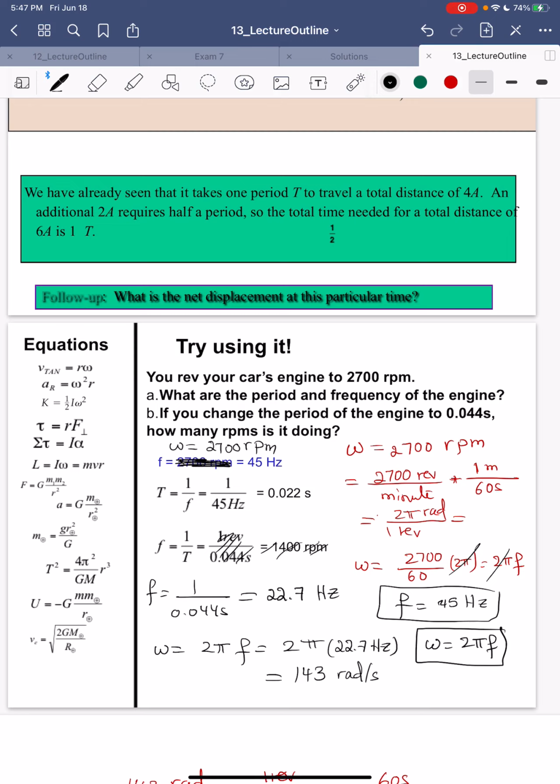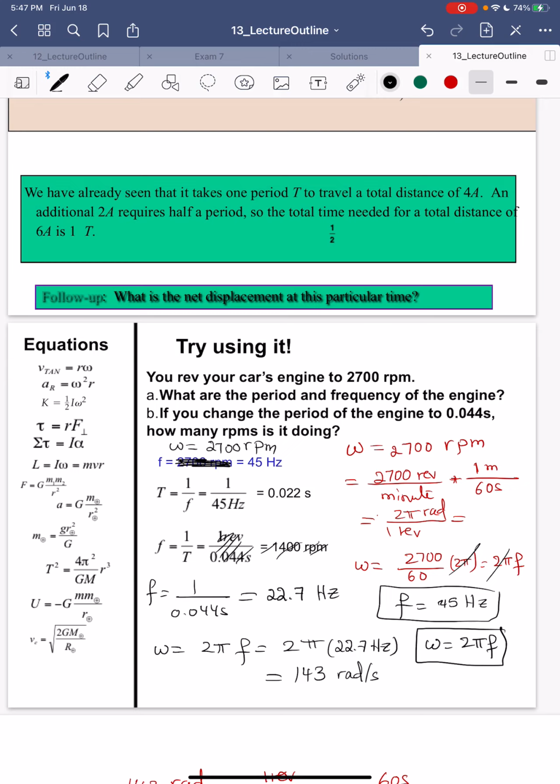Because omega is 2 pi times the frequency, I need to convert omega into radians per second. And then finally, I will calculate f to be 45 hertz. Now T is 1 over f, which is 1 over 45, and this is 0.022 seconds.